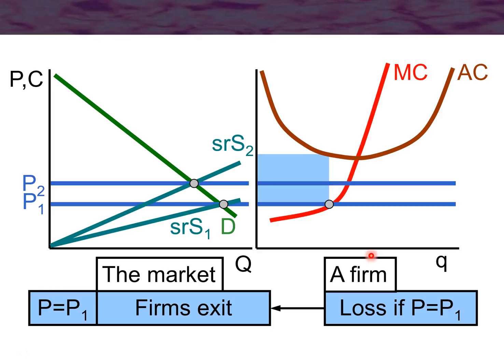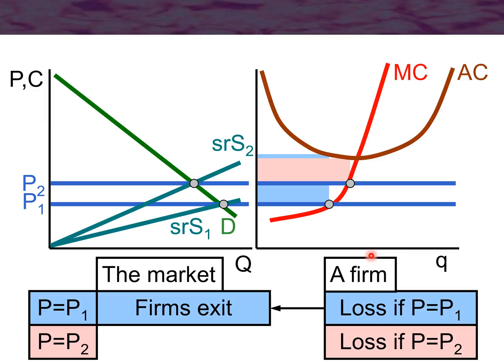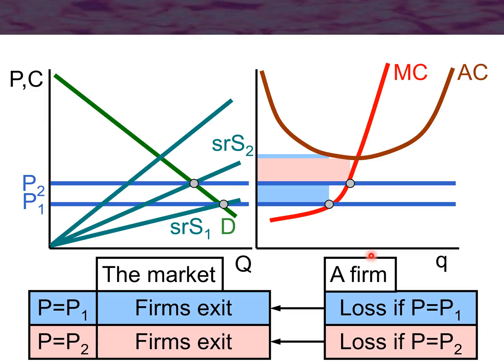But still, firms are going to leave. And when they leave, the supply curve shifts over to the left again. And you could see we're going to get back to the long run equilibrium where price is going to be equal to minimum average total cost.